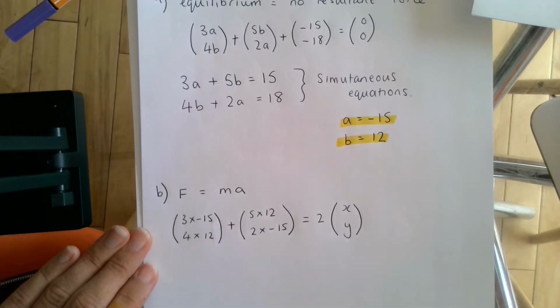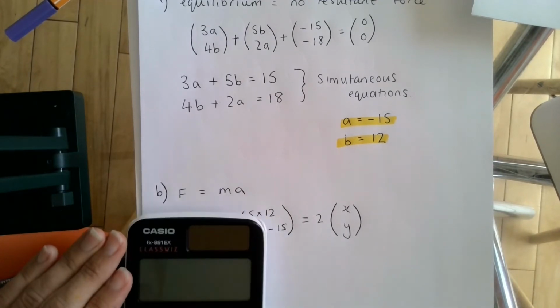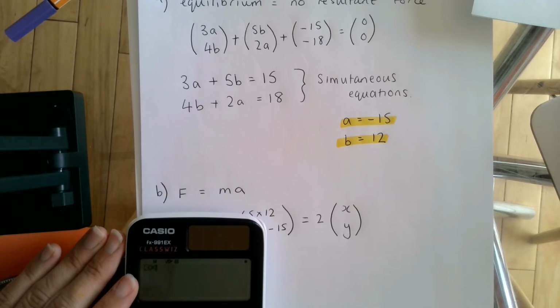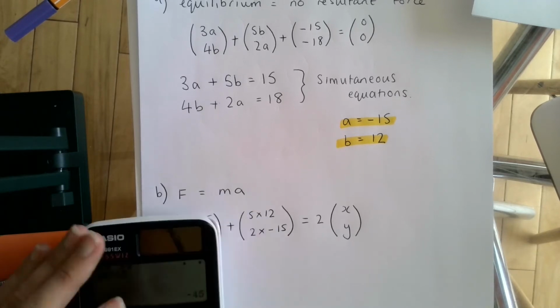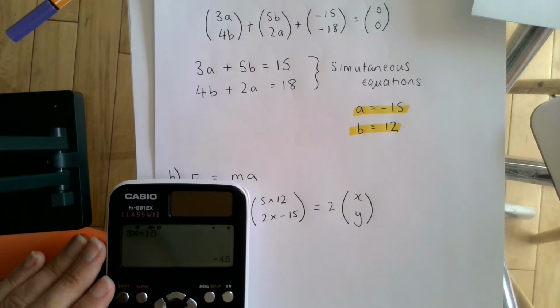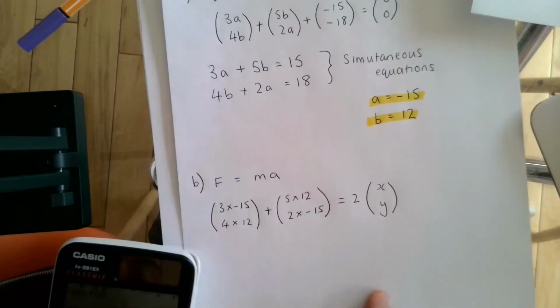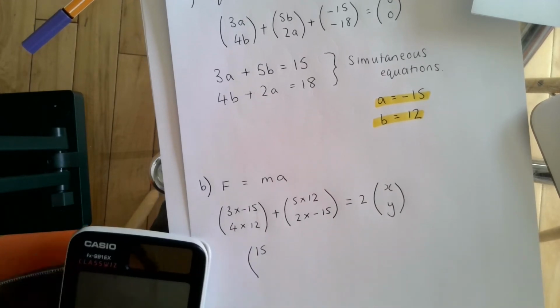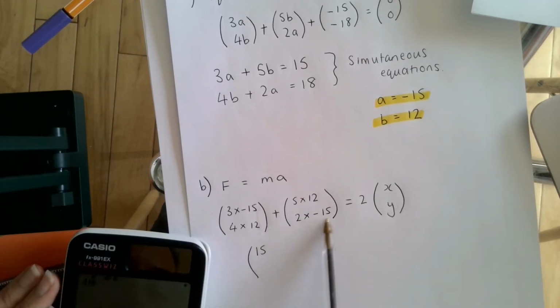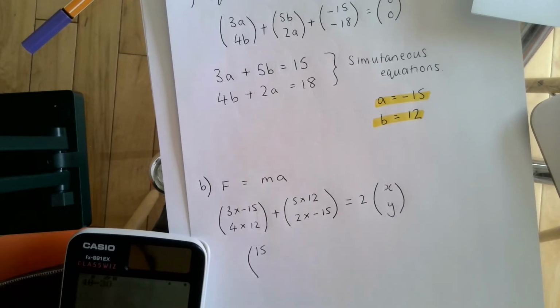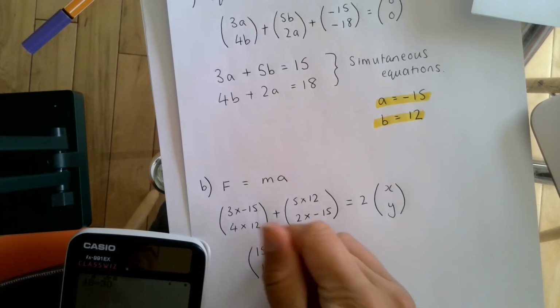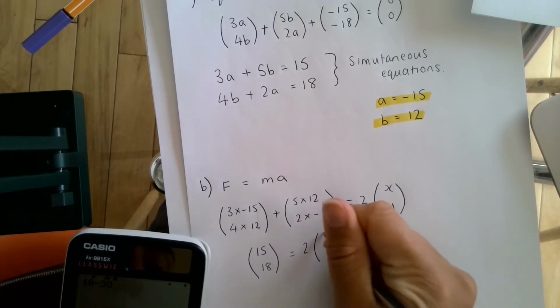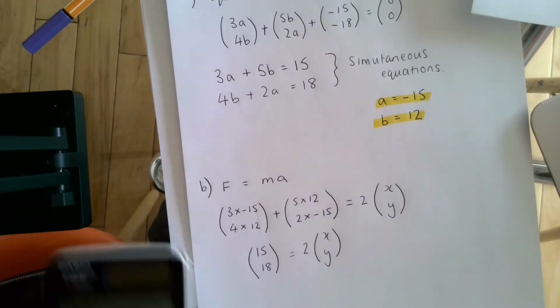So 3 times minus 15 plus 5 lots of 12. Probably didn't need to do it on a calculator. That's 15. 4 times 12, and then adding on 2 times minus 15, which is going to be 18, and that is equal to 2 times the acceleration.